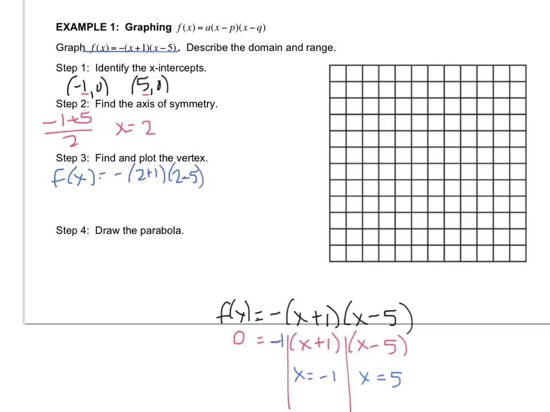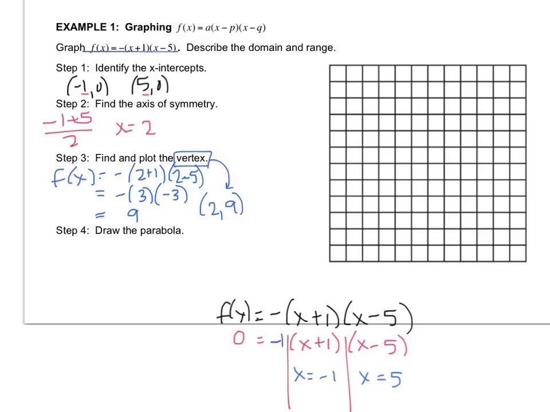That gives me negative 3 times negative 3, and with the negative in front, that gives me actually positive 9. So you get the point (2, 9). That's where the vertex is.